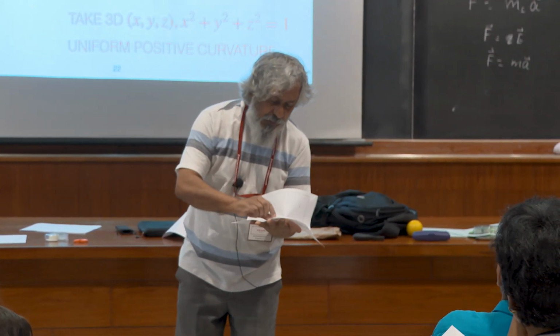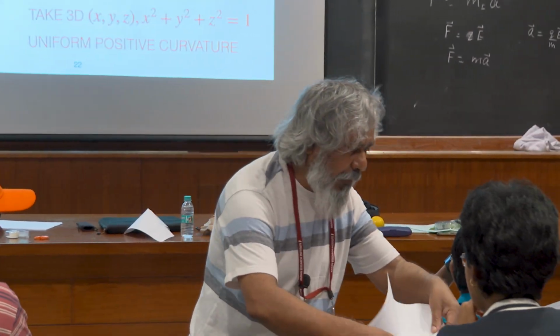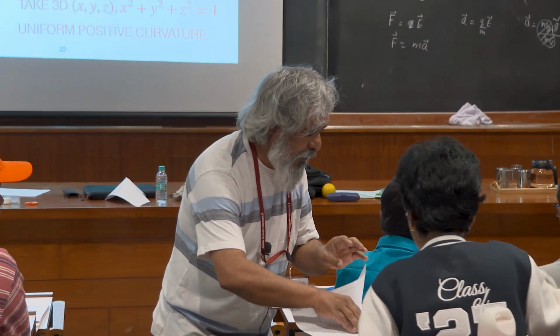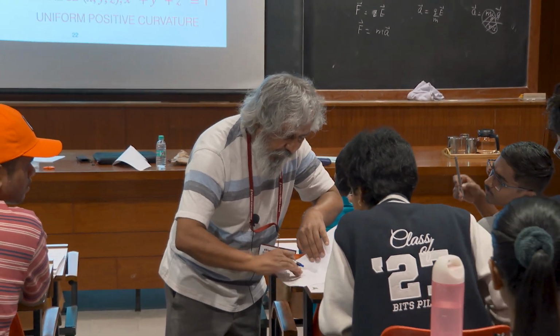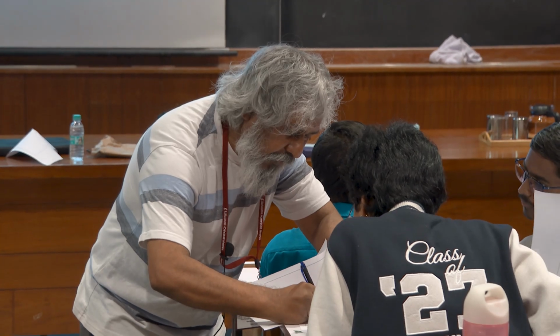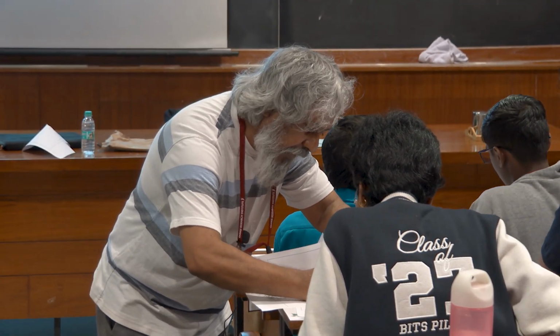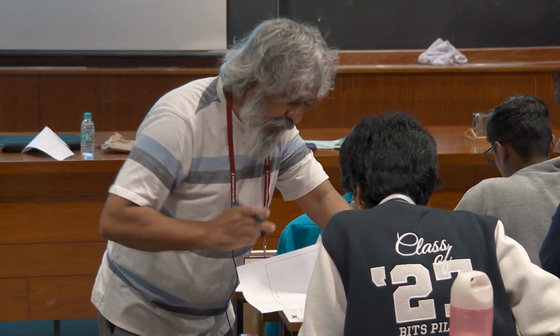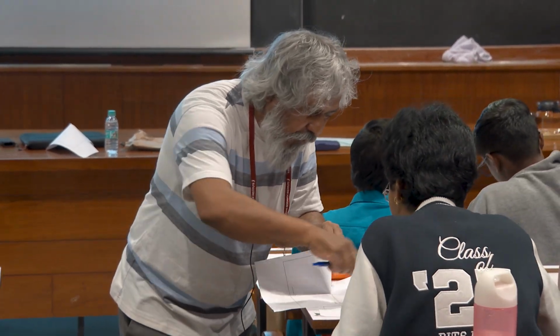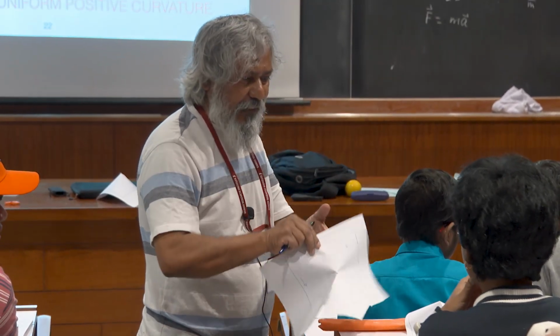For example, here, this part is like that. Then I draw it here. This is parallel to that. This is parallel to that. This is parallel to that. But this is not parallel to that. So when I go anti-clockwise, it has turned clockwise. So this is negative curvature.